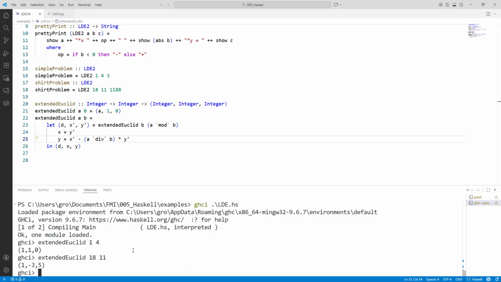Well, it gave us 1, minus 3, 5. What does this mean? Well, the 1 is the result, the X prime is the minus 3, and Y prime is the 5. So let's do the math.